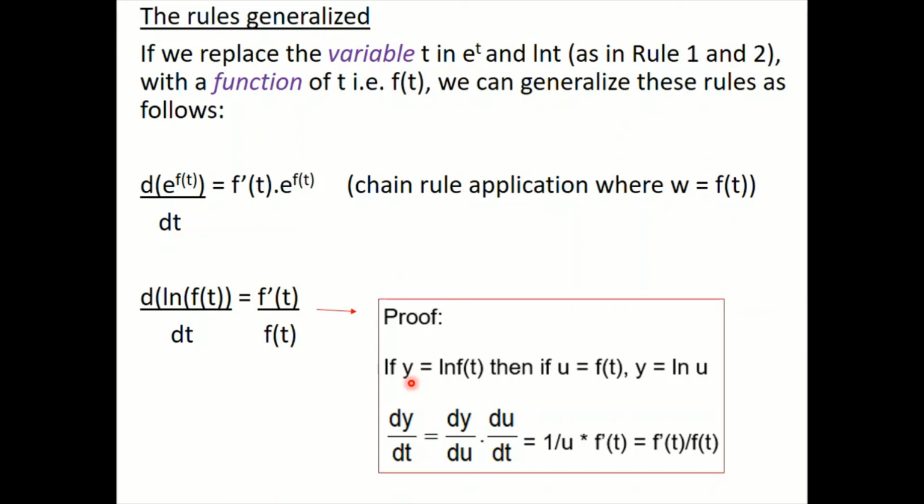In other words, if y is the natural log of a function of t, and we set this function of t equal to u, so now we would have y equal to the natural log of u. To calculate dy/dt, we would first of all find dy/du. From the earlier rule that we worked with for derivatives, finding the derivative of a natural logarithm, remember the answer is simply 1 over u.